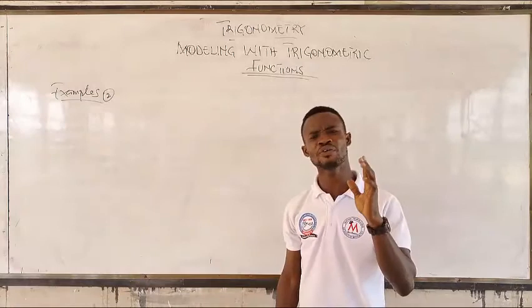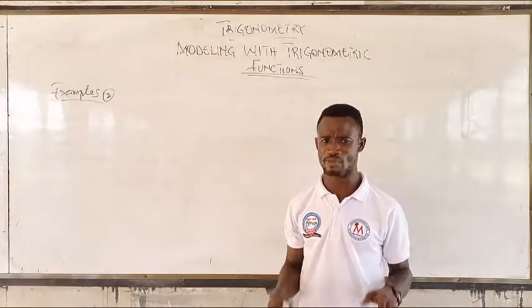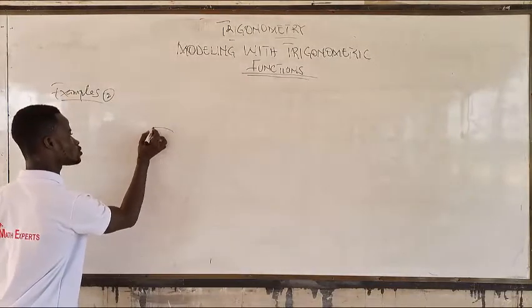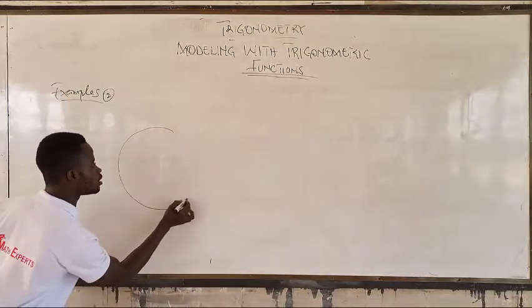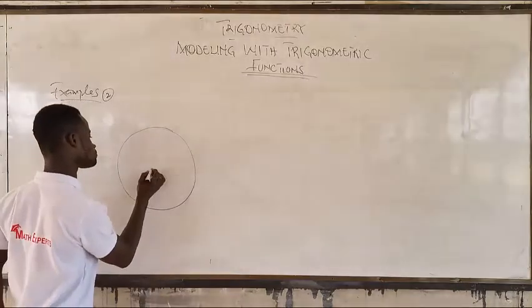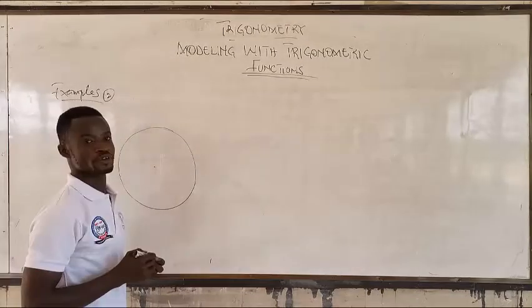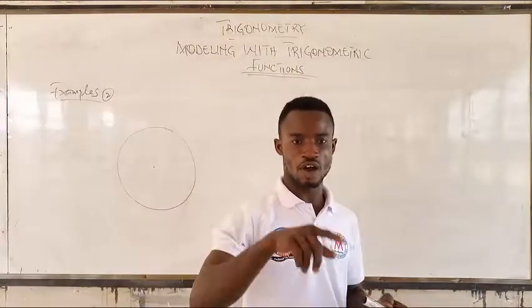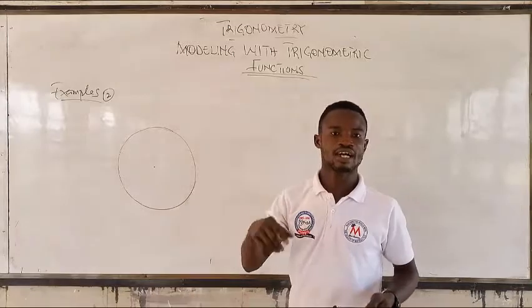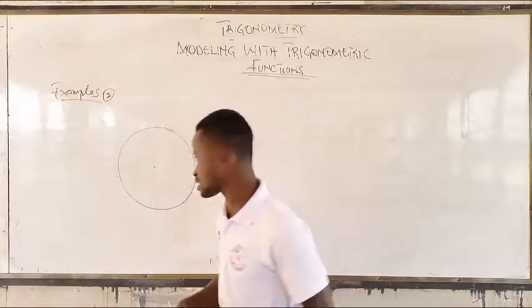Please, always when you're reading the question, don't be in a rush. Just take your time. Okay. So you go and draw your Ferris wheel as I said, it's like a bicycle wheel. So we know that the radius of this Ferris wheel, which is a circle, is 2.5 meters.